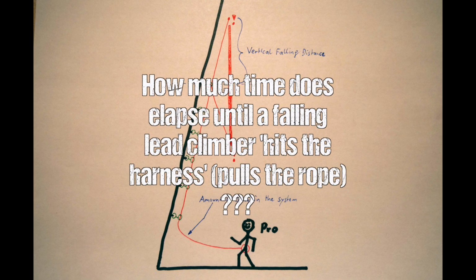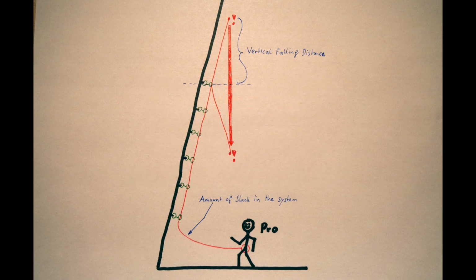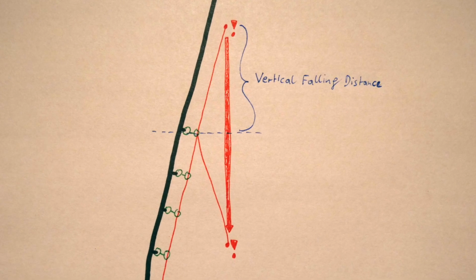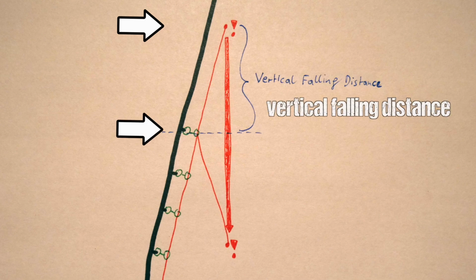The time until the climber hits the harness and starts pulling on the rope is essentially the result of two variables. First, we've got the vertical distance between the harness, so essentially the hips of the climber, and the last clipped quick draw in the moment of the fall. Obviously, the higher the climber is above the last clipped quick draw, the more time is going to pass until the climber will pull the rope.